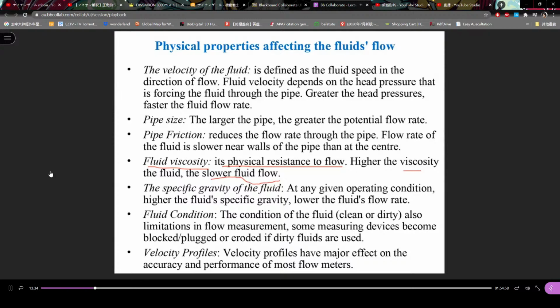Sticky fluid means higher viscosity, like an oil pipeline, for example. China imports a lot of oil from Russia. The pipeline may be 1,000 kilometers, and the oil is very sticky. Viscosity is very high for oil. And how do we transport it in an oil pipeline?